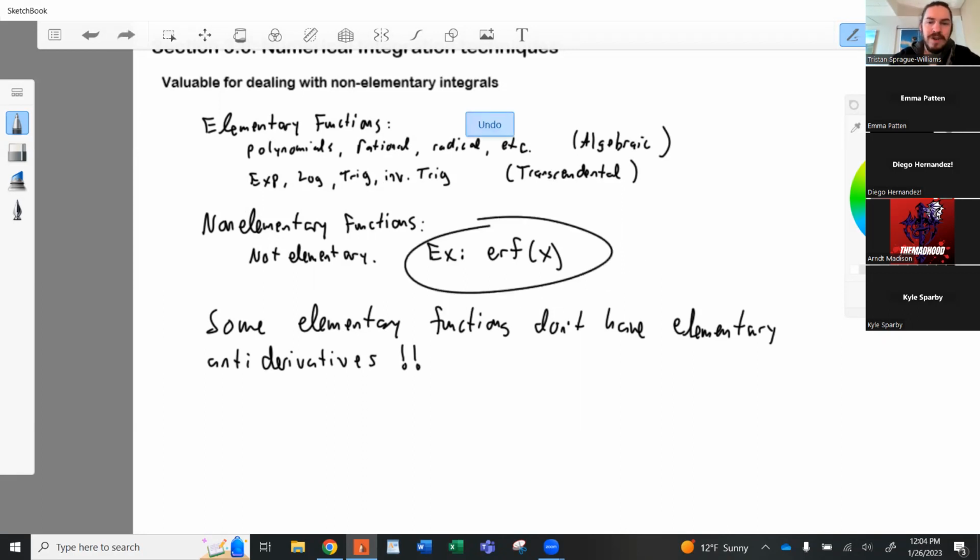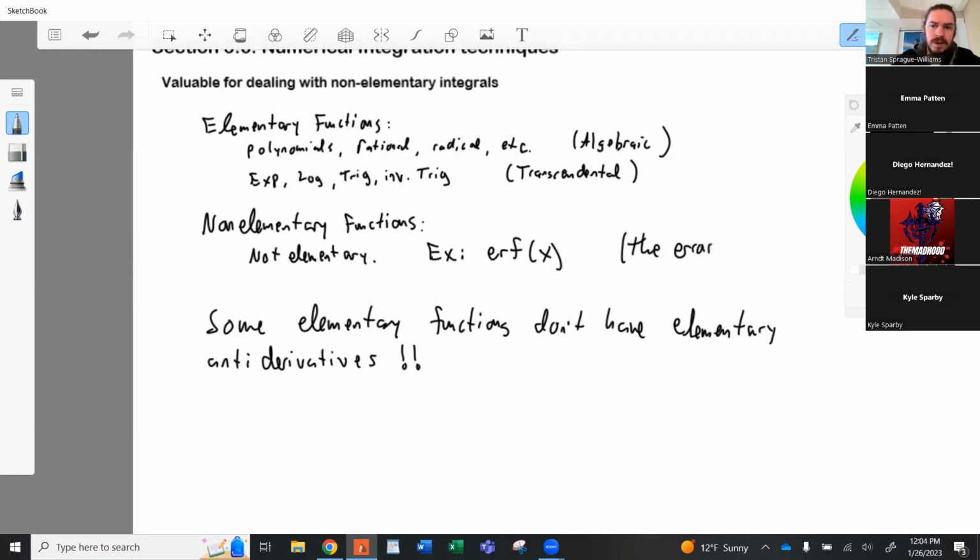It's called the error function. We'll get to that in a second. And so if you can't find an antiderivative, then how do you apply the fundamental theorem of calculus? You can't. So an example of this is the function e to the power negative x squared.